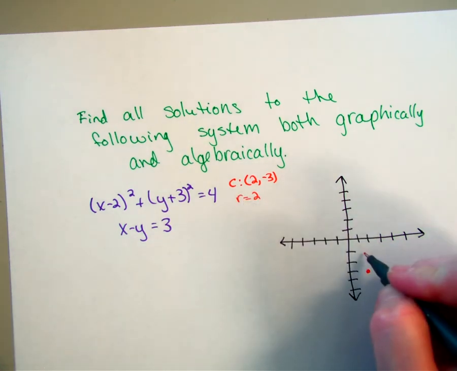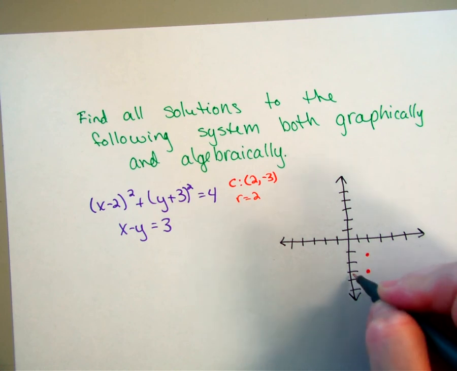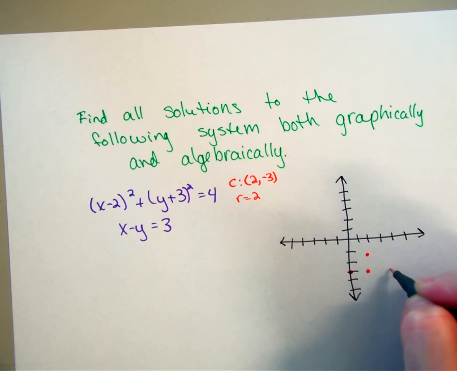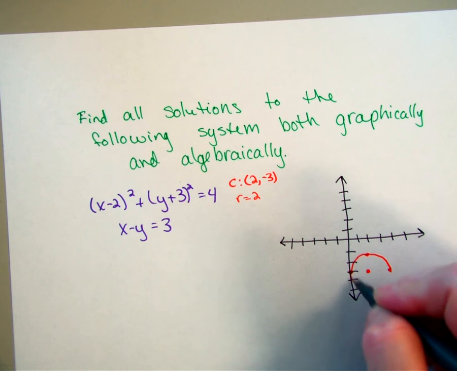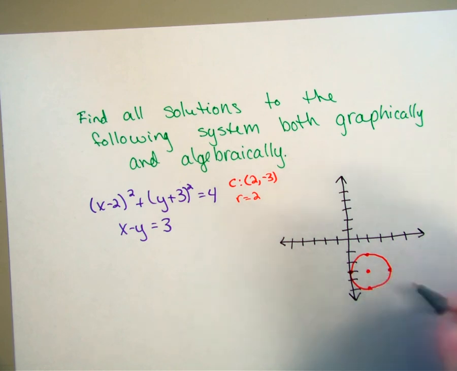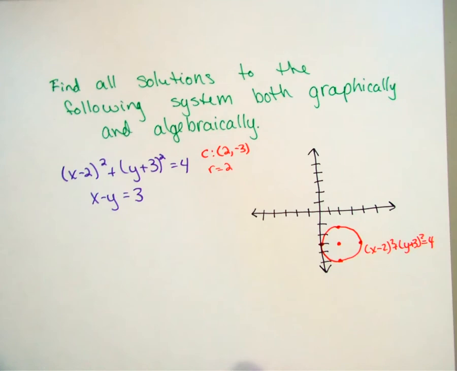So I'm going to go up 2, to the right 2, to the left 2, and down 2. I'm going to draw the best circle I can possibly draw by hand. And I label it, because you should always label it.